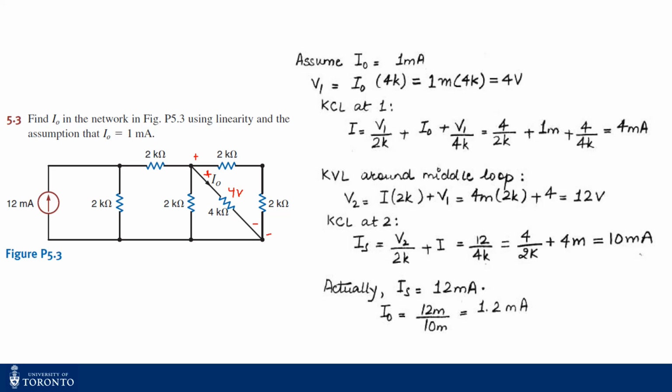So since we have 4 volts across 4 kilo ohms, which is this 2 kilo ohm and this 2 kilo ohm, the current flowing in this branch is also 4 volts divided by 4 kilo ohms, which is 1 milliampere, right? So we have 1 milliampere current flowing in this branch, and we assume that 1 milliampere is flowing in this branch.